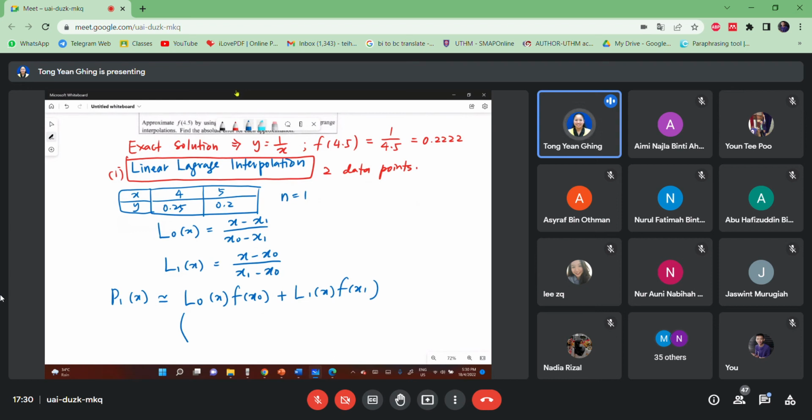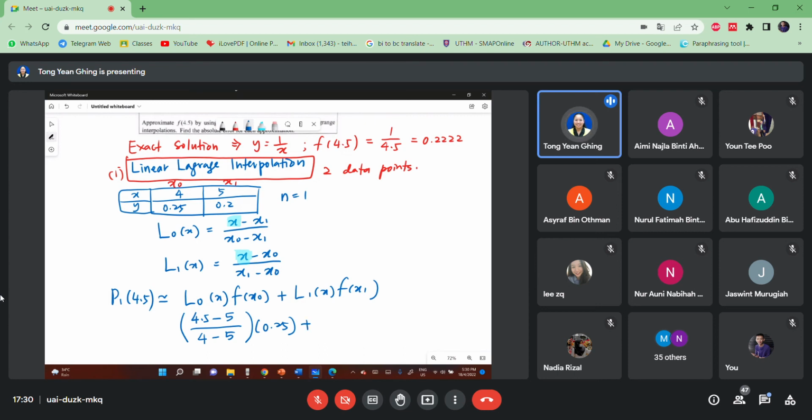Now we want to find the value at 4.5, so I put the value here: x is 4.5. 4.5 minus x1, where x0 is 4 and x1 is 5, divided by 4 minus 5, times the value of y when x is x0, which is 0.25.